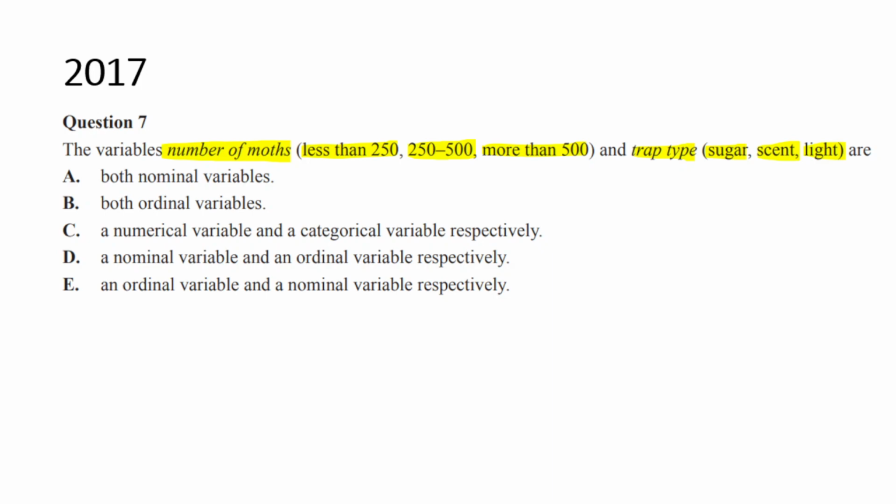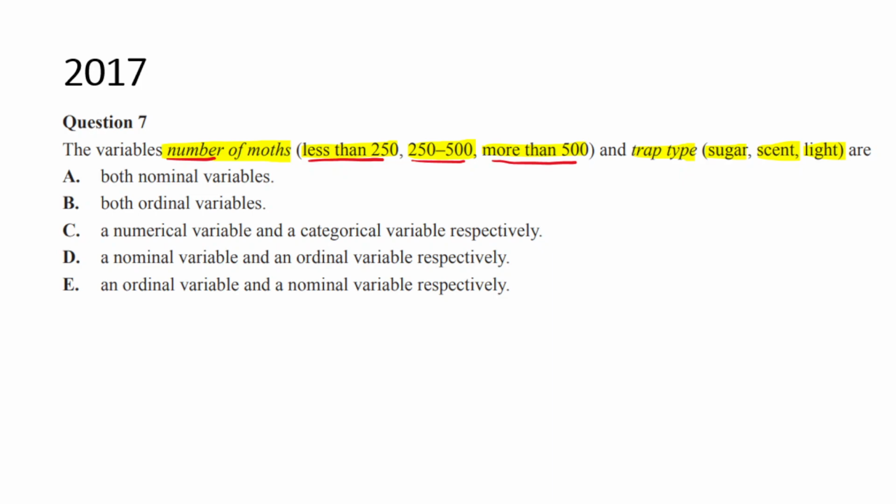Well, if we look at the first one, number of moths, given that it has the word number, we would think that it's numerical, but it is actually categorical because it's been broken into these 3 categories. And it is ordinal because there is an implied order as we step through those 3 options.